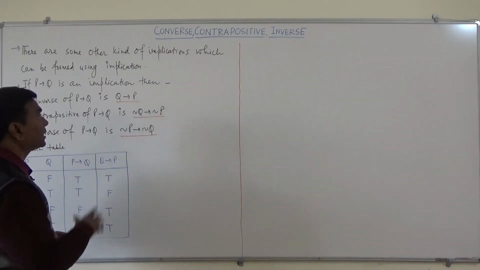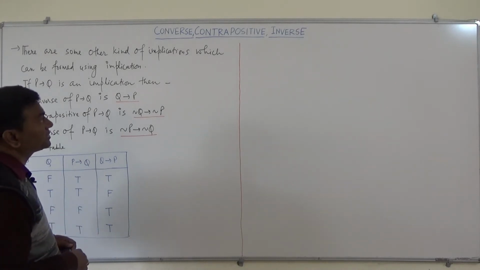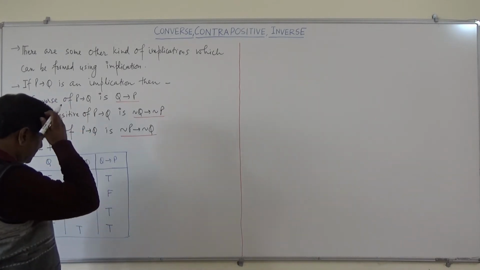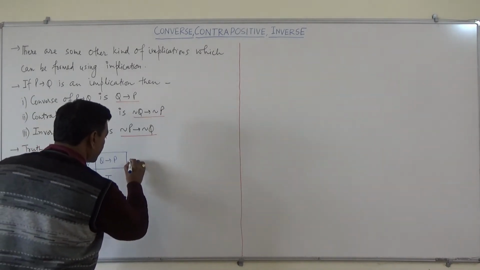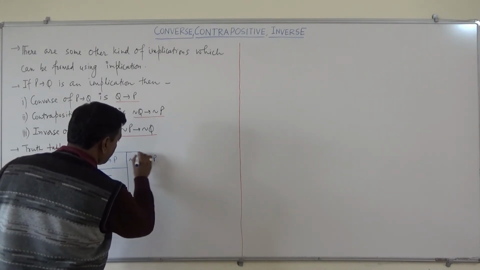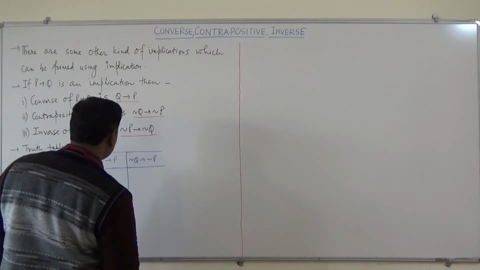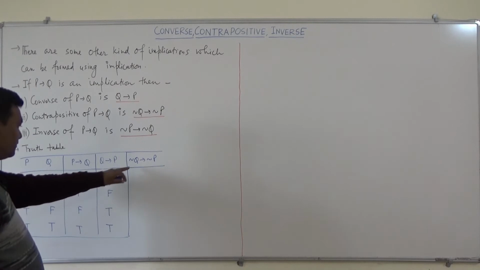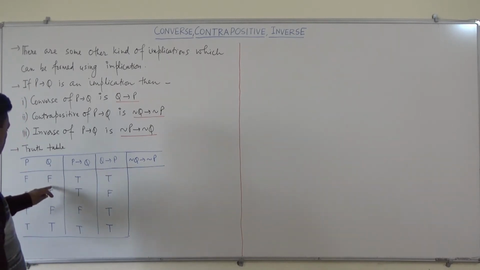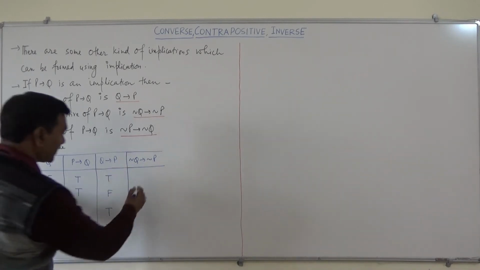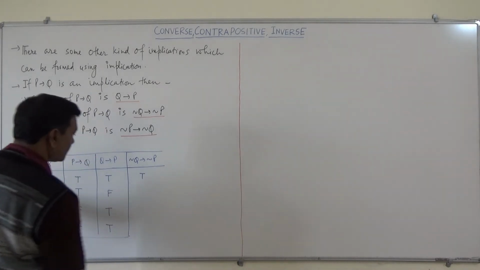So its third implication is contrapositive. Contrapositive says not Q implies not P. We can see from here not Q is true, not P is also true, so true is true.